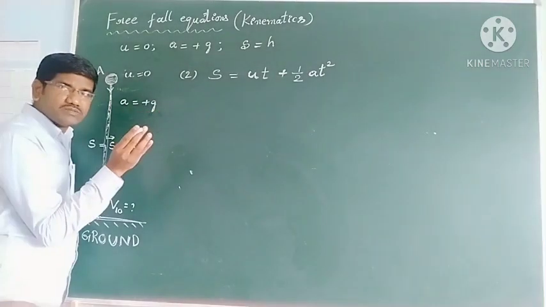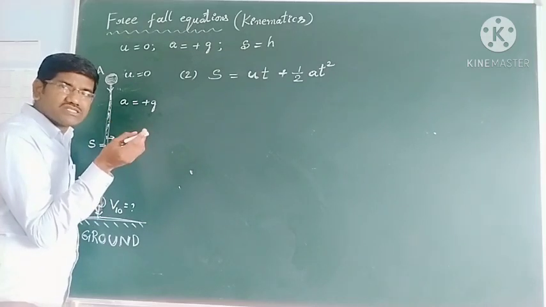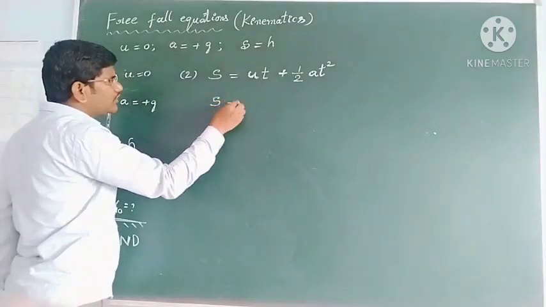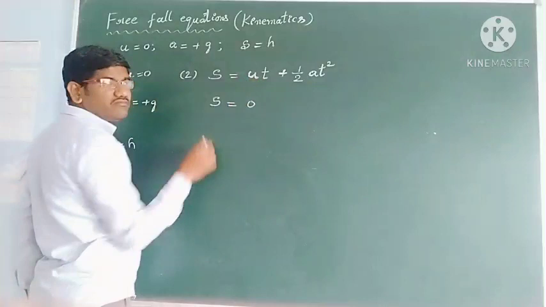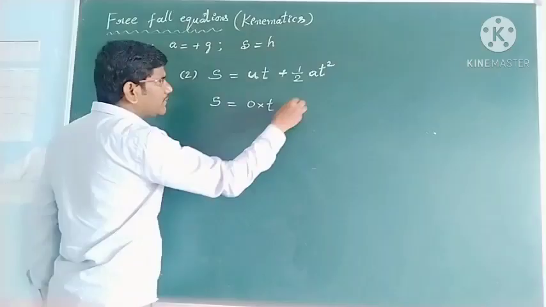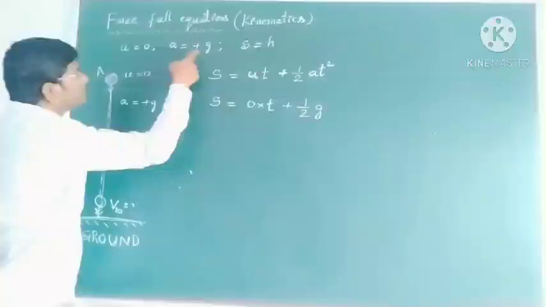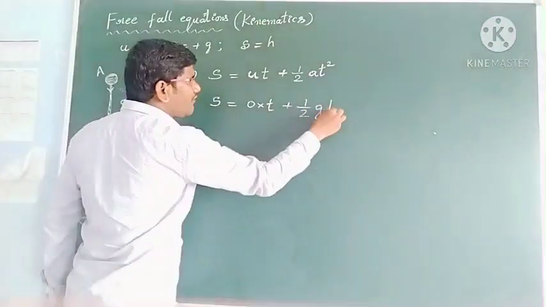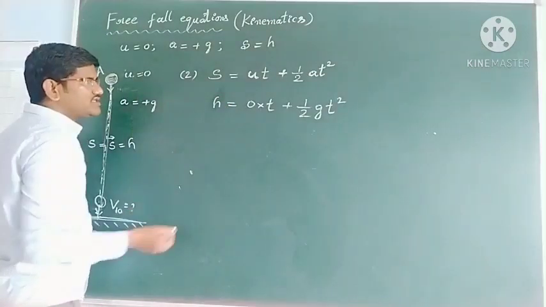Whenever an object is moving with uniform acceleration, all our kinematic equations stand valid. So I am writing s is equal to ut plus half at squared. This term will become 0 because u is 0, 0 into t, plus half a, a means g, s you can write h also. So half g t square. So this s you write as h, students.